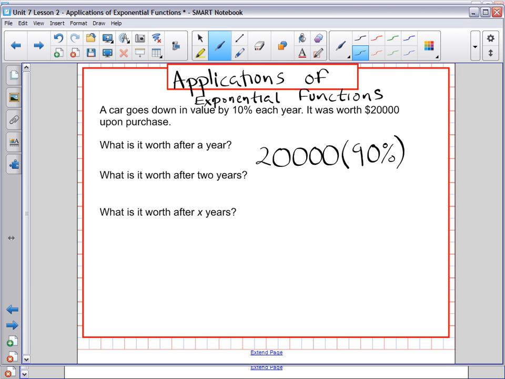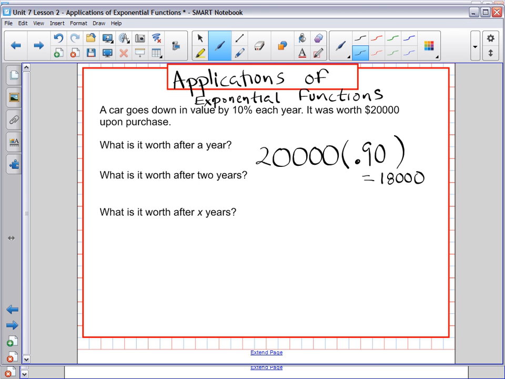We get 90% by taking the 100% it was worth and subtracting 10%. Now, in a multiplication problem, we would write that instead as 0.9. So the value of the car is $20,000 times 0.9 or 0.90, which is $18,000.